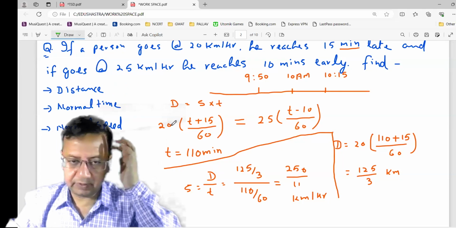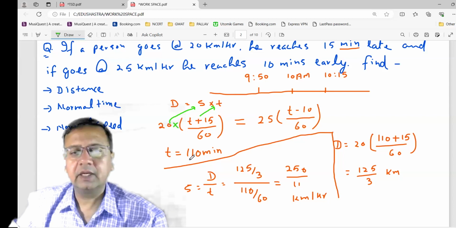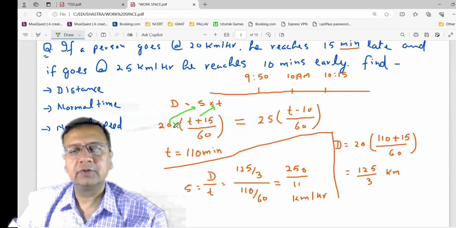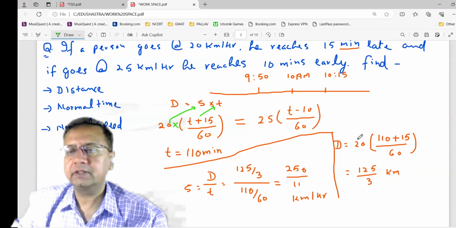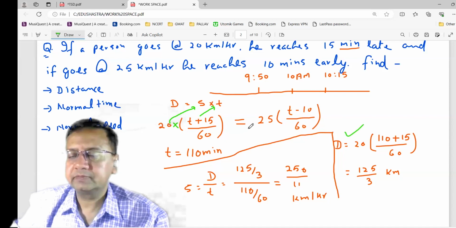The first part. What is 20? Is speed. And this complete is what? Time. Speed into time is nothing but distance. And you got the 110 minutes, right? So put this here. So 20 into t is what? 110 plus 15 divided by 60. You are getting distance, right?